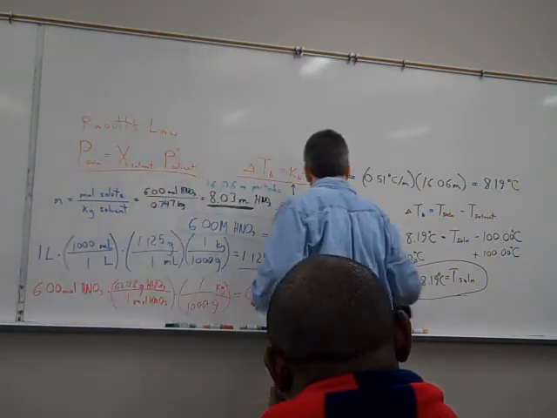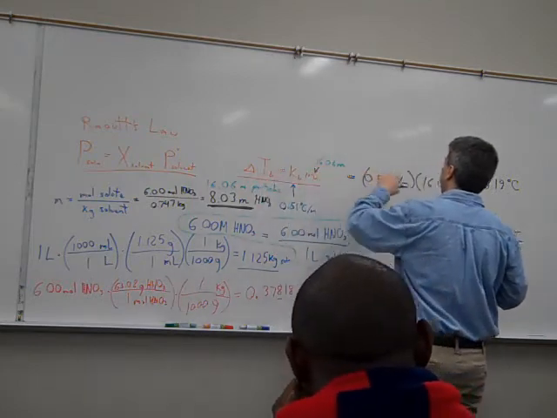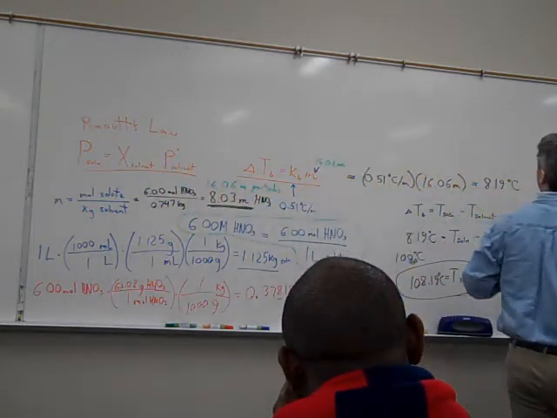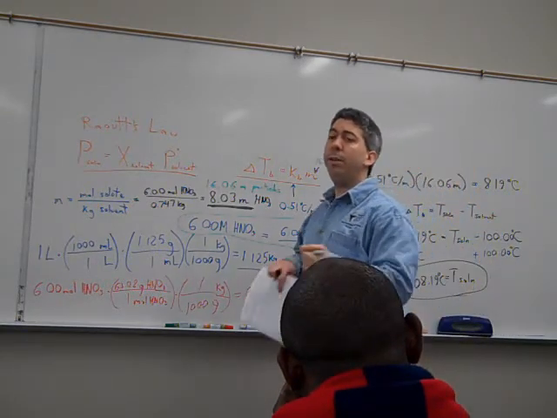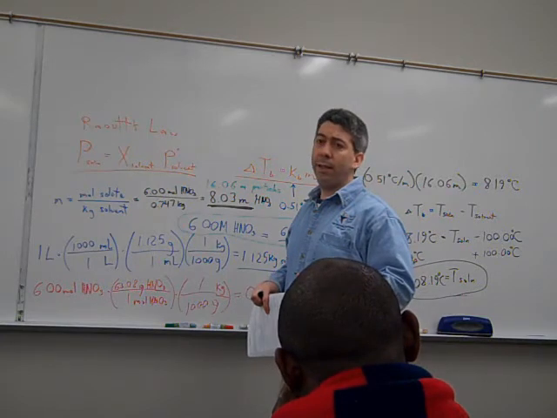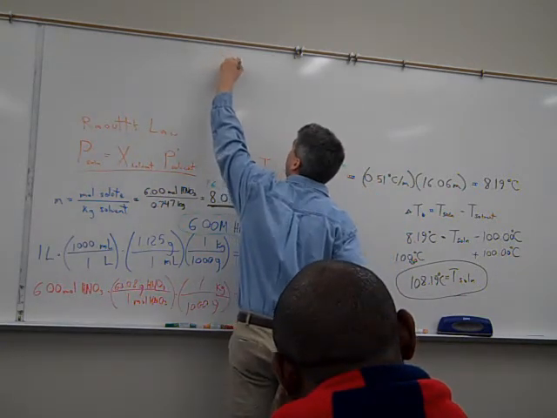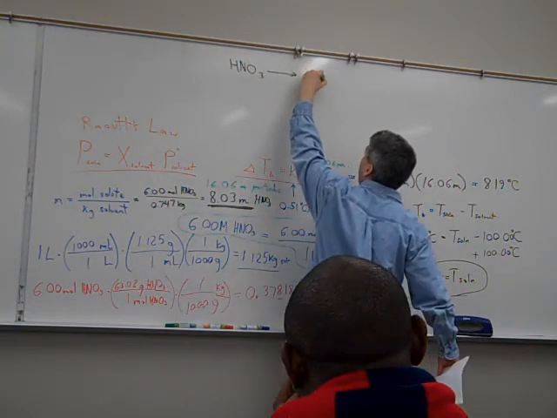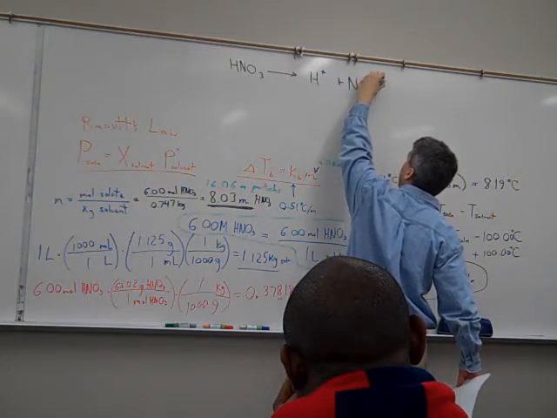It's because when you're talking about the molality, or even mole fraction, or any of those other equations, molarity, it's always the molarity of particles. It's not the molarity of the compound. And when HNO3 dissolves in water, it breaks apart into H plus and NO3 minus ions.